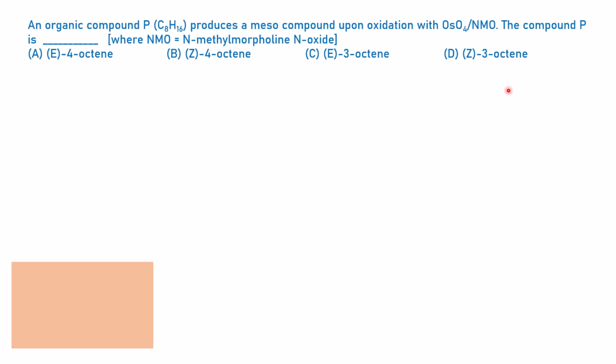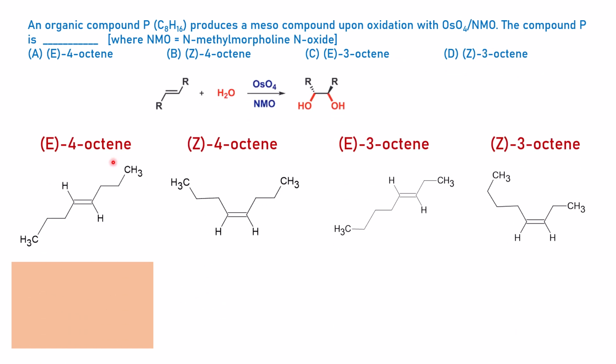So now let us go back to the question. In the question, we will first write down the structures of all these organic compounds: E-4-octene, Z-4-octene, E-3-octene, or Z-3-octene. So these are the structures of the octenes. When we see the structures of these octenes, what is said is that on oxidation they form a meso compound.